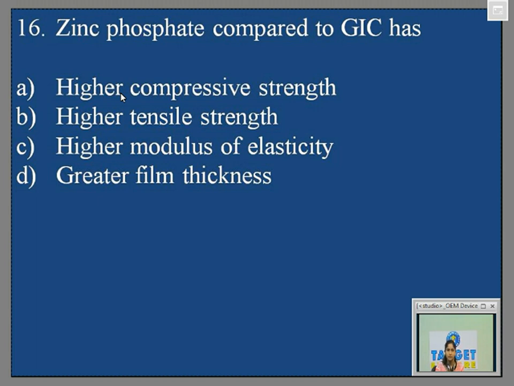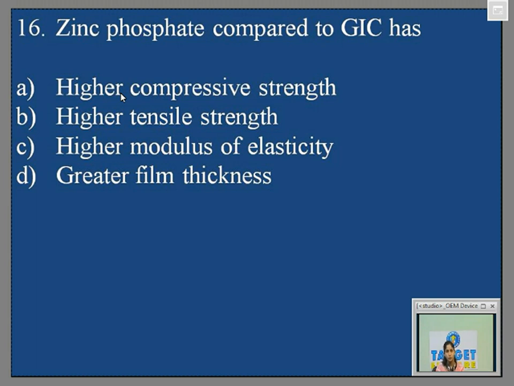And the least film thickness out of all dental cements is that of zinc phosphate, that is 20 microns. Whereas GIC film thickness is 24 microns.